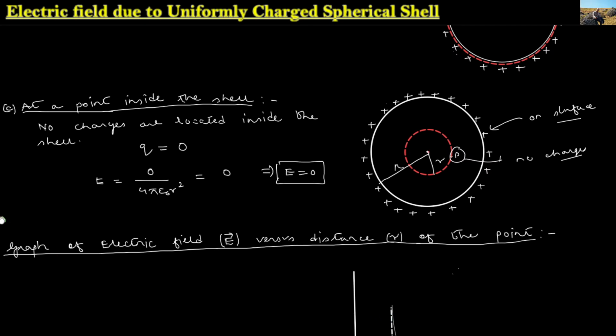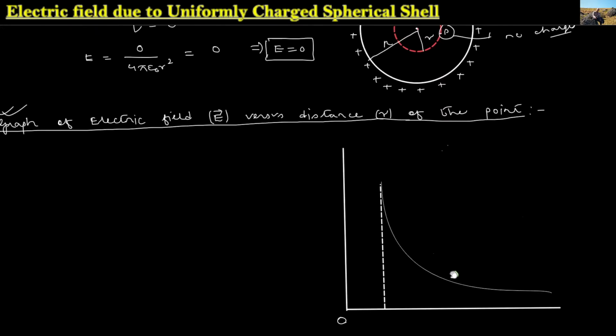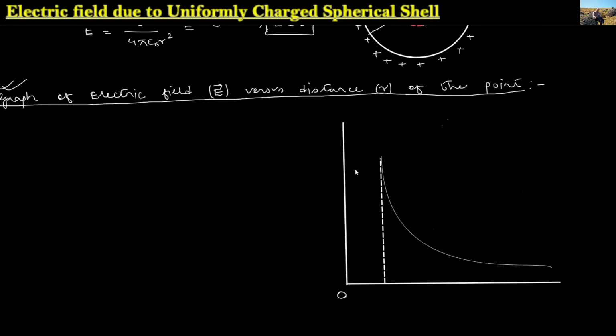So now you have to also study some ideas related to the graph of the electric field versus the distance. When you look at the graph of the equation, we find that, number one, for a point which is outside the spherical shell, the formula will be E equals 1 by 4 pi epsilon naught Q divided by R square.